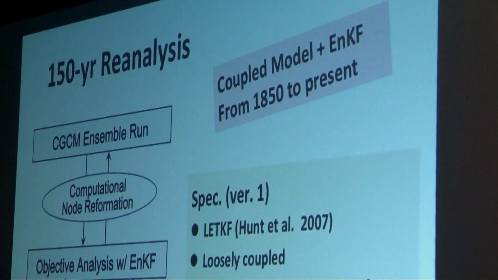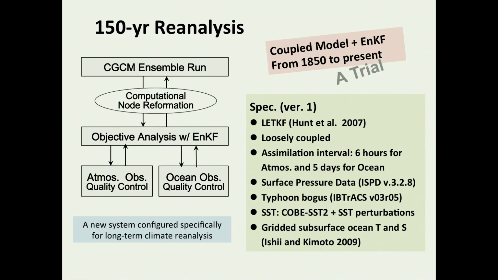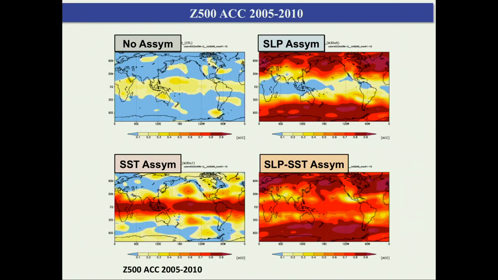Since we have the coupled ocean-atmosphere model, we try to do that in a coupled ocean-atmosphere model. We made a trial. Before the trial, we did some pre-trial experiment for 5 years or so.